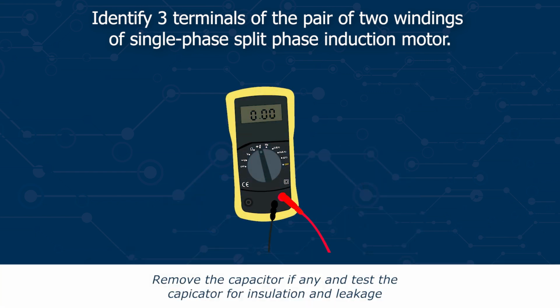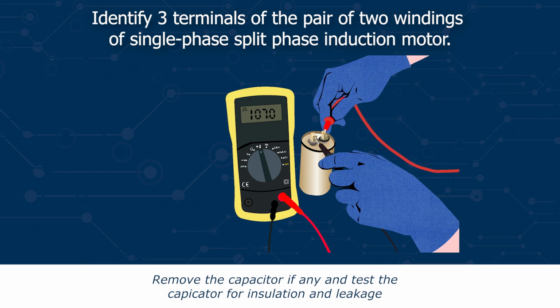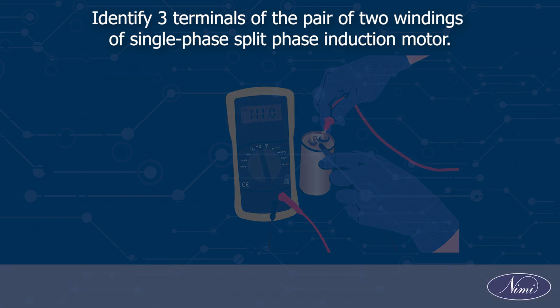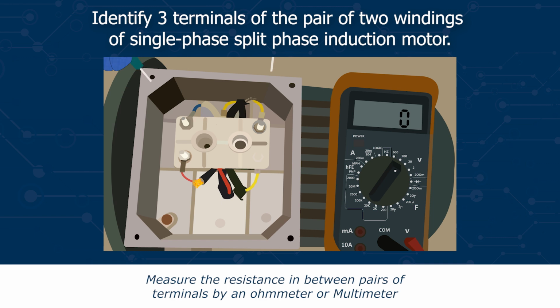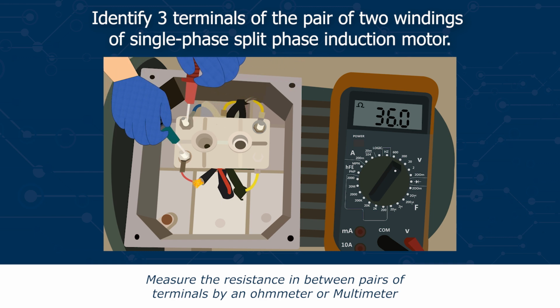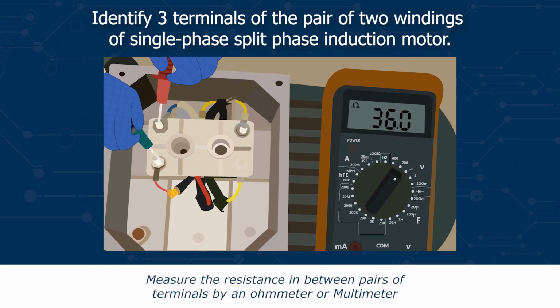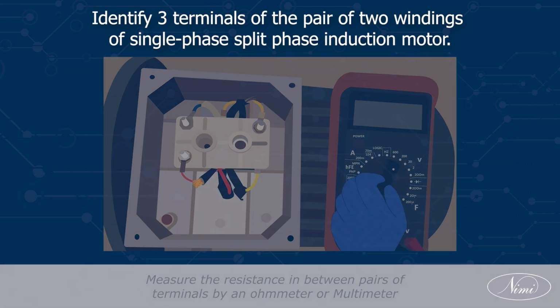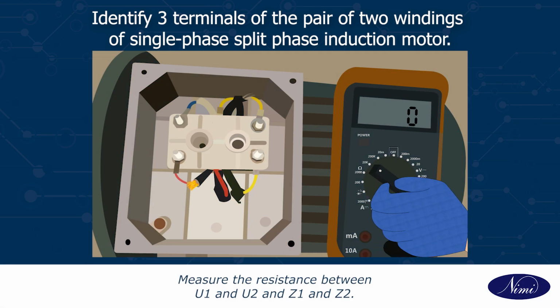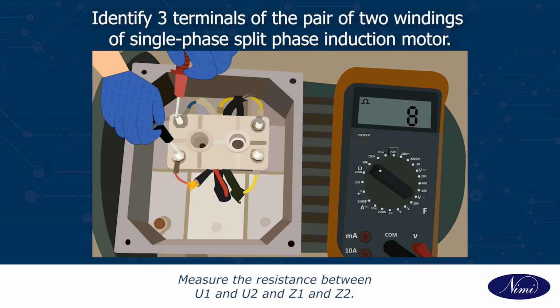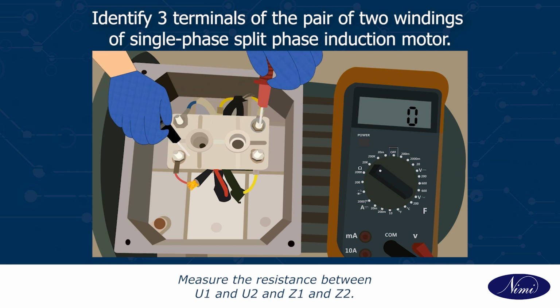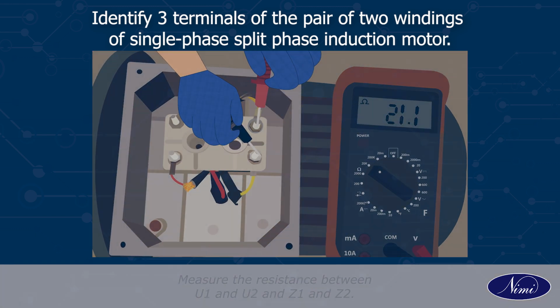Remove the capacitor if any and test the capacitor for insulation and leakage. Measure the resistance in between pairs of terminals by an ohm meter or multimeter. Measure the resistance between U1 and U2 and Z1 and Z2.